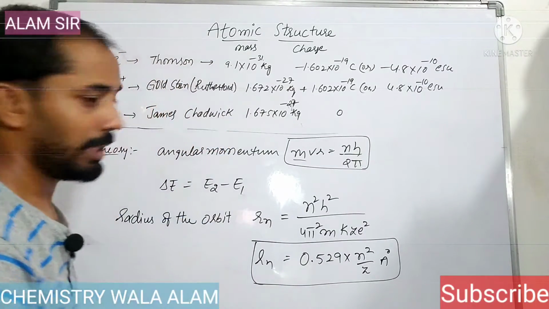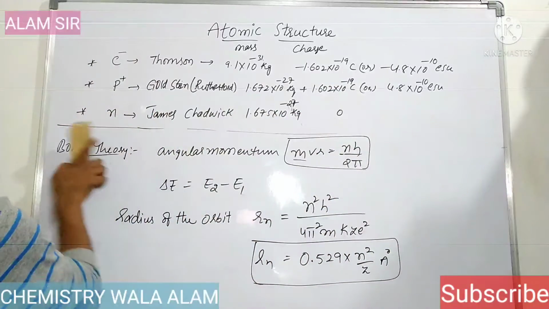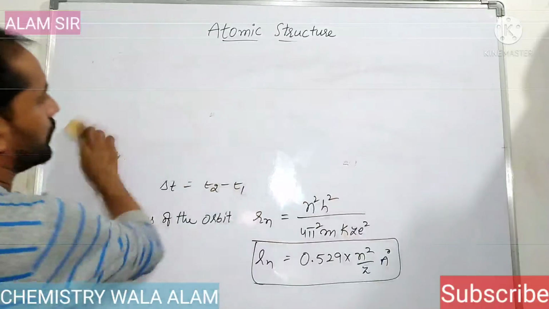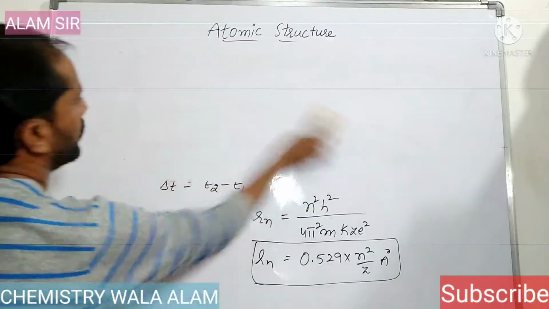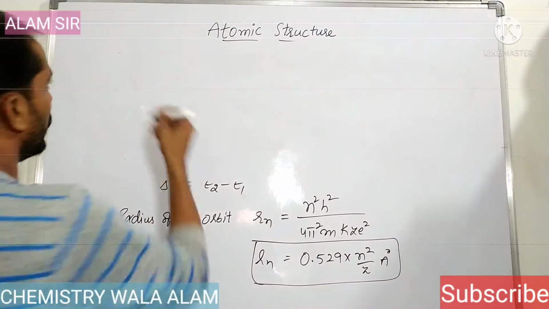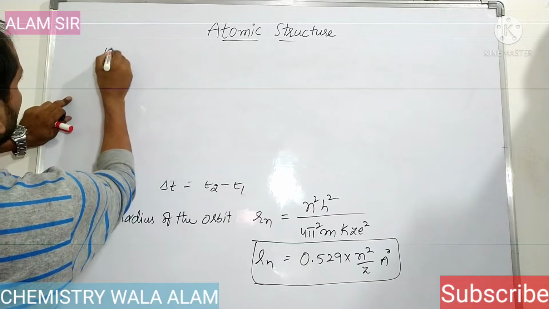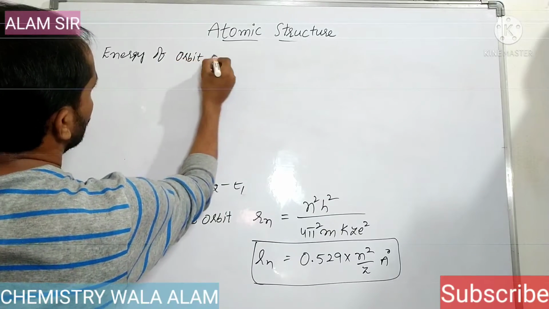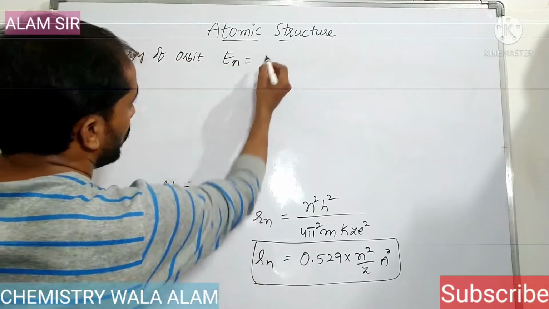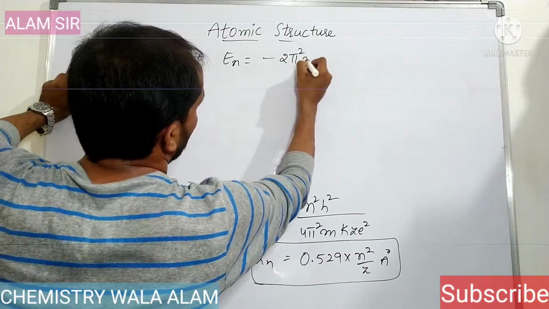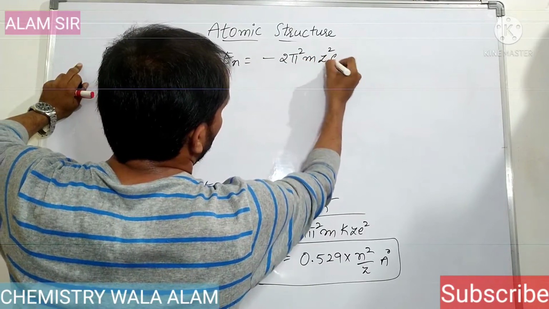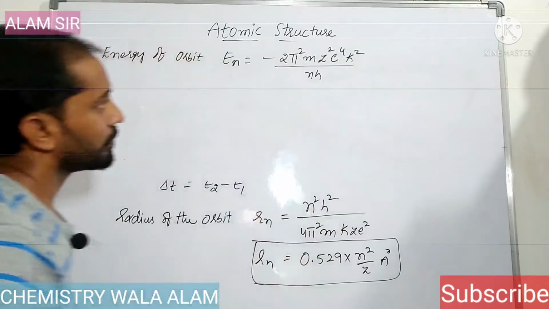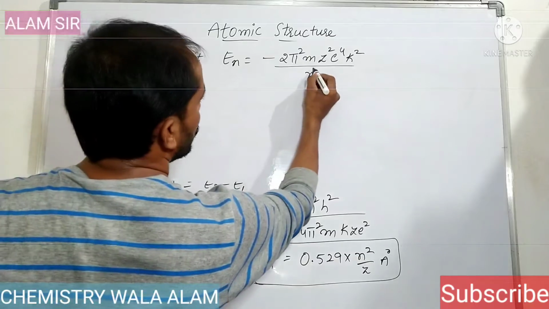Next one is energy of the orbit, and velocity also. The energy of the orbit is equal to minus 2 pi square m z square e power 4 k square by n square h square.